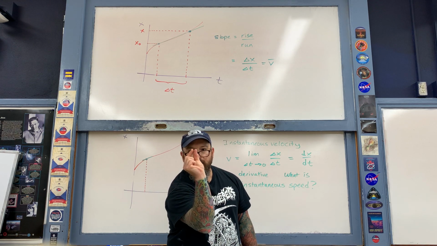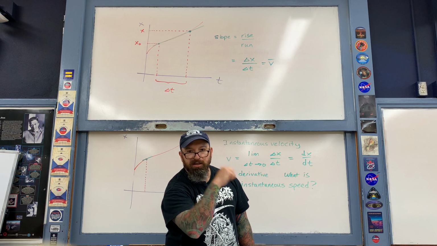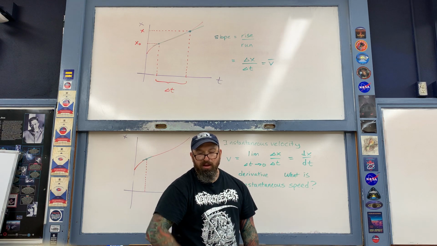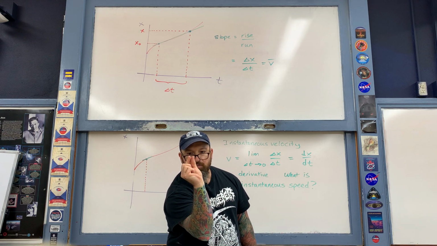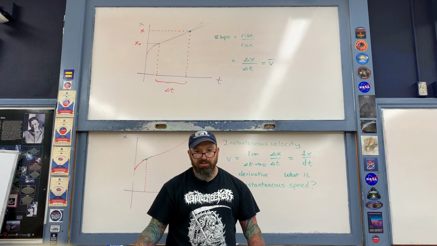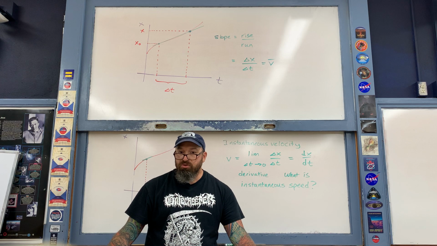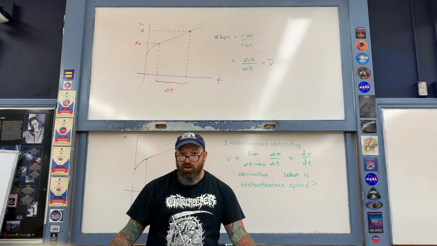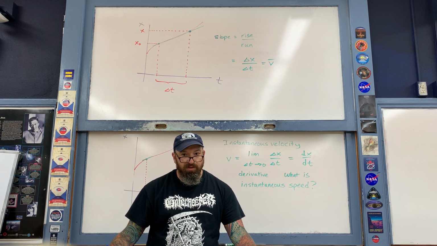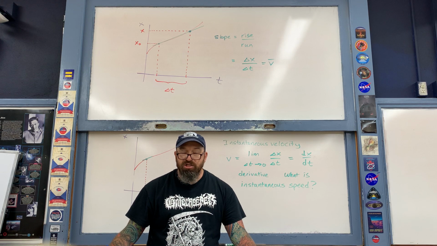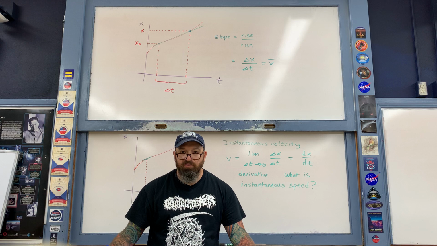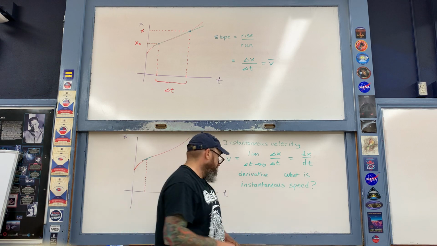Well, right there was the distance that I traveled. It's infinitesimally small. And right there is my change in position vector. It's also infinitesimally small. Because those two numbers are infinitesimally small, this means that they're the same thing. So instantaneous speed is nothing more than the magnitude of the instantaneous velocity vector.